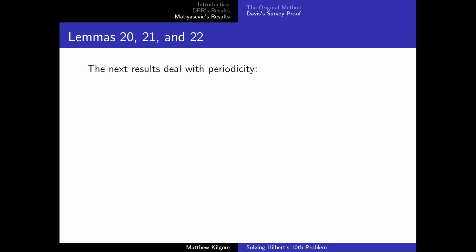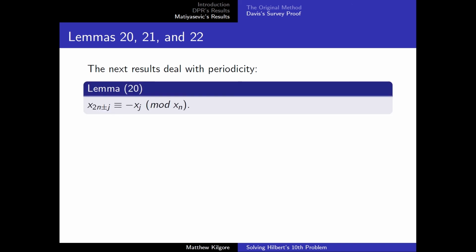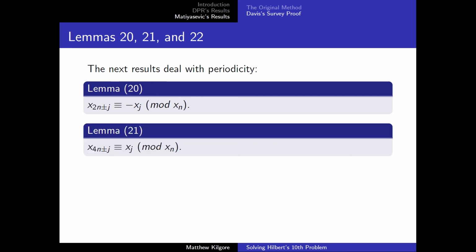The next three lemmas all deal with periodicity results. Lemma 20 states that x_{2n±j} is equivalent to negative x_j mod x_n. 21 takes this a step further, and states that x_{4n±j} is equivalent to x_j mod x_n.